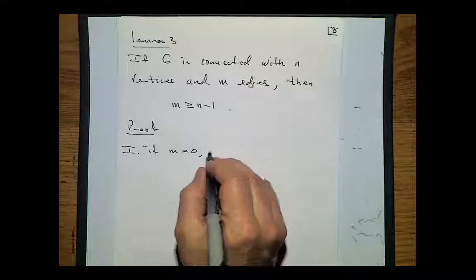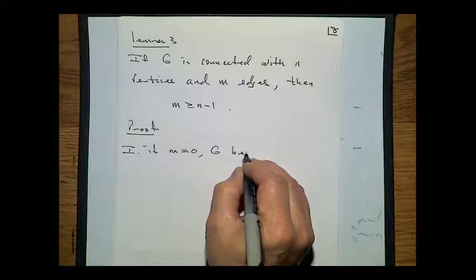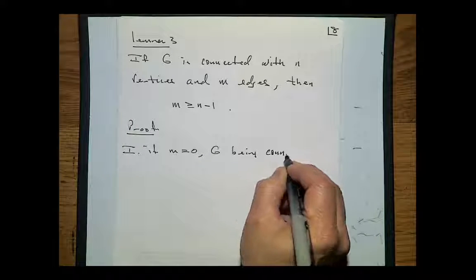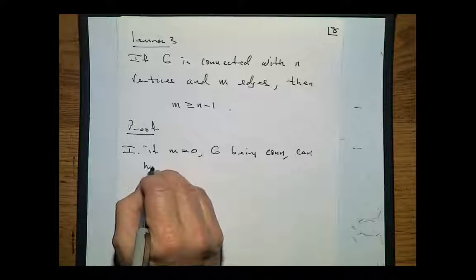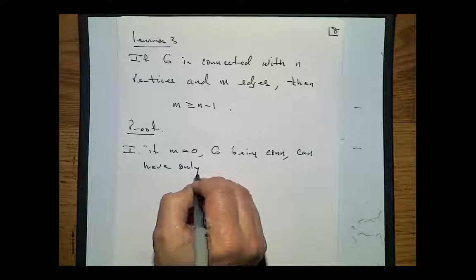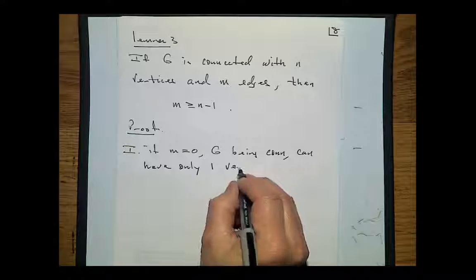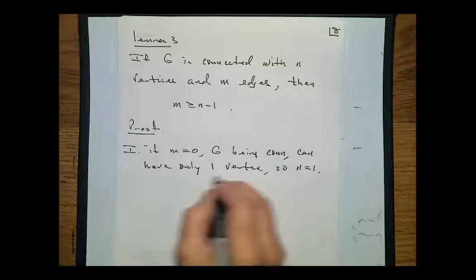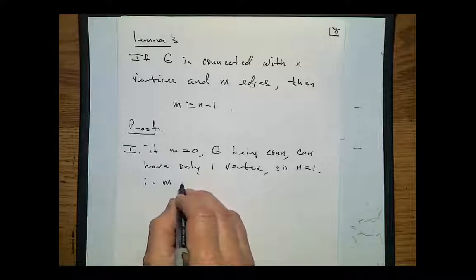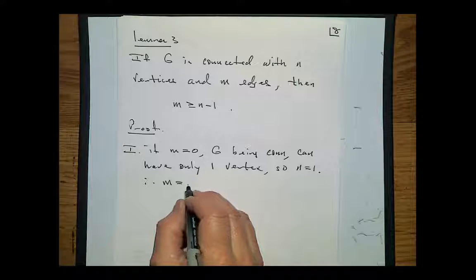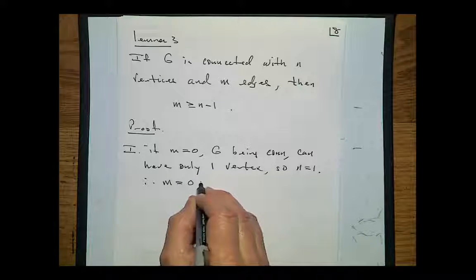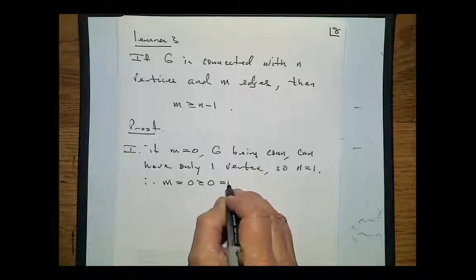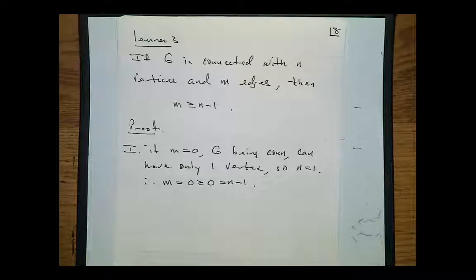If m equals 0, G being connected can have only one vertex. So n equals 1, and so therefore m equals 0, which is greater than or equal to 0, which is equal to n minus 1. Right, it's a triviality.